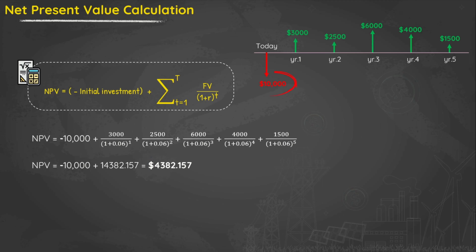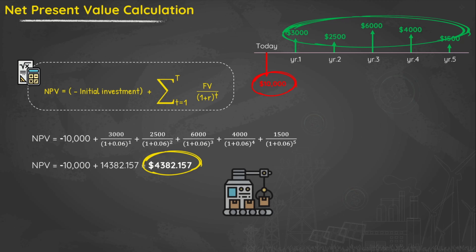It means that if you invested this 10,000 US dollars in buying this machine with these expected 5 inflows, then you will get a profit of 4,382 US dollars discounted to the present value, and of course, the asset itself. So after 5 years of paying 10,000 US dollars to purchase this machine, you will get 4,382 US dollars as a discounted present value plus the asset itself.